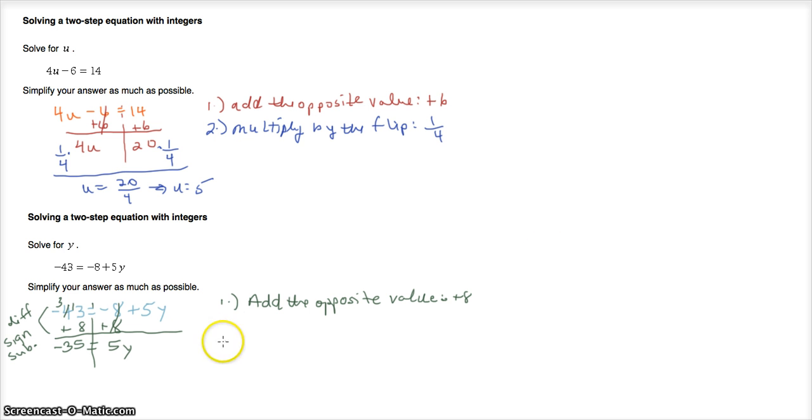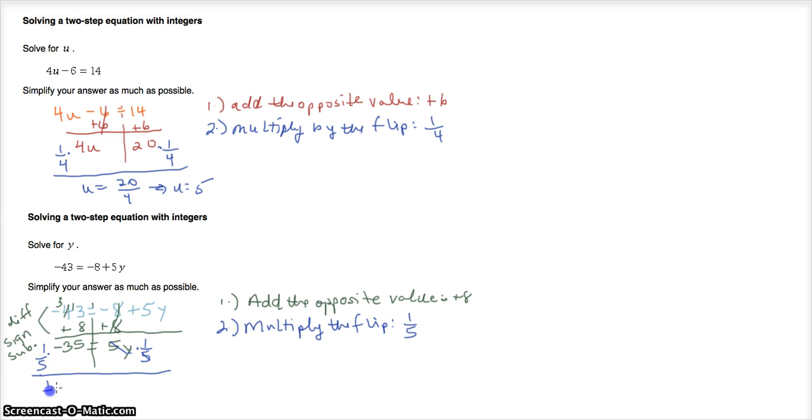And then our second one is multiply by the flip. The flip of 5 is 1 over 5. So we'll say 5y times 1 over 5, and our 5's will cancel, times 1 over 5, and we will get, ooh, that was ugly.